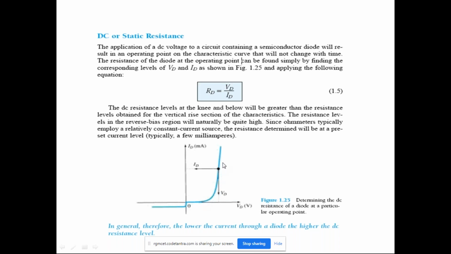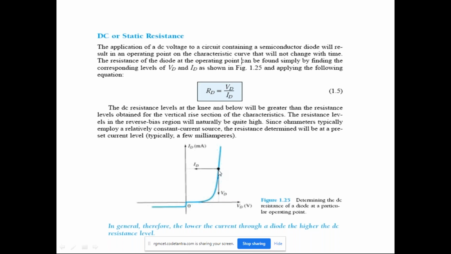Now in forward characteristics, we find two different types of resistance. One is the DC or static resistance. What is the meaning of static? It does not change. Now here, this is the curve. Suppose this is the operating point. Here the black dot indicates some operating point. We operate the diode at this particular current.